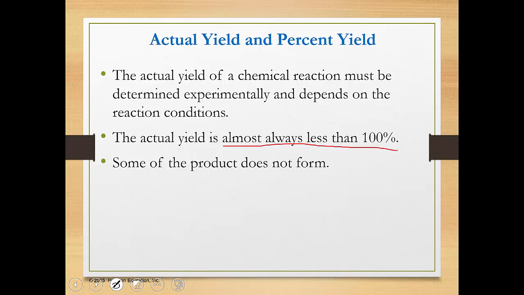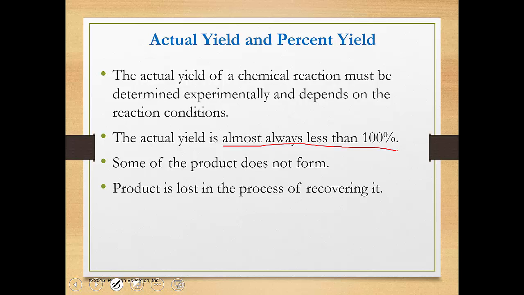These sorts of things can affect how much product forms. Sometimes a reaction doesn't go all the way from reactant to product, and sometimes you don't expect an actual yield to be even close to 100% just because of the nature of the reaction. Sometimes product gets lost in the process of recovering it. So you make it and then you have to recover it from whatever container it's in.